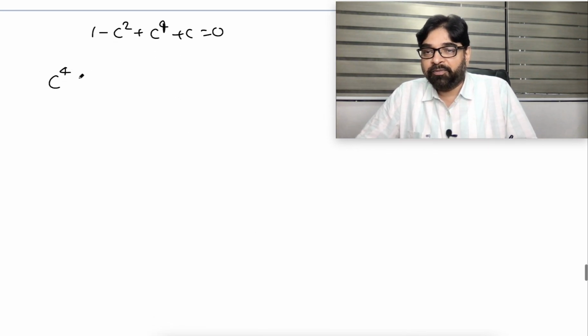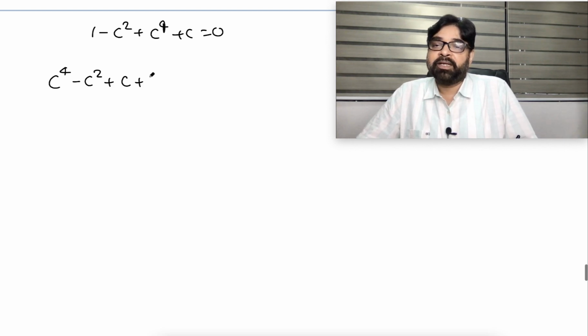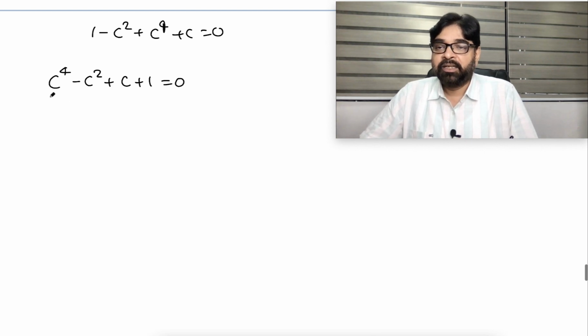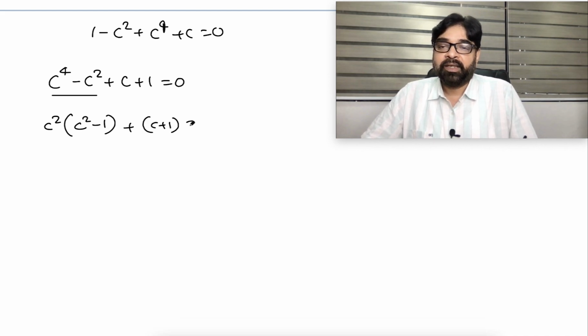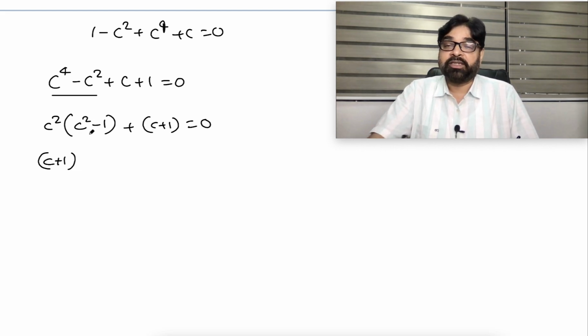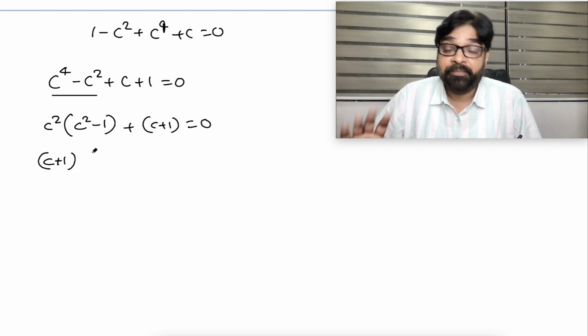So c power 4 minus c square plus c plus 1 equal to 0. Can we factorize? Yes. From here I am taking c square common, so c square minus 1, plus c plus 1 equal to 0. So c minus 1 and c plus 1 I can take common, because this factor is c minus 1, c plus 1.